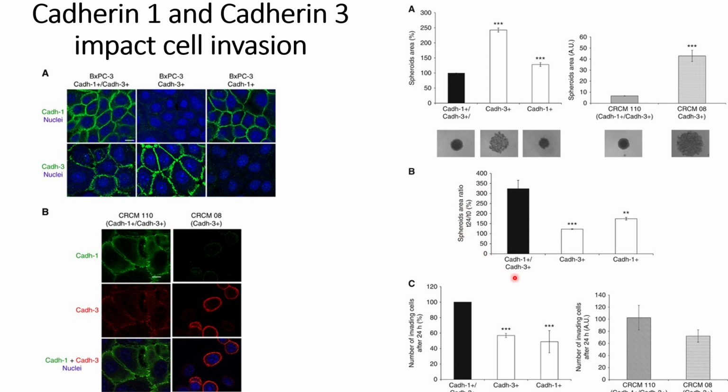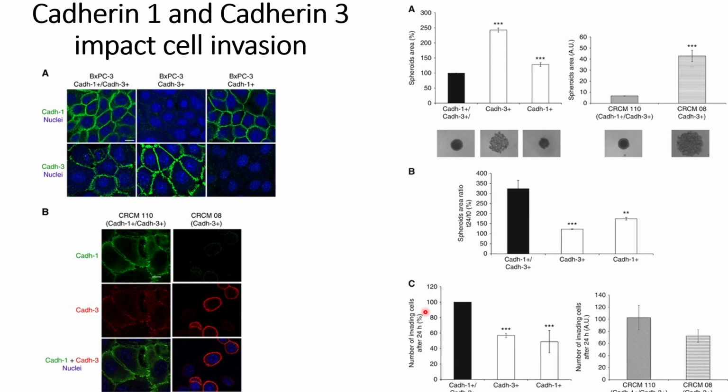At 24 hours, the BXPC3 wild type cells, which have both Cadherin-1 and Cadherin-3, show more invasion compared to the cell lines where Cadherin-1 or Cadherin-3 is knocked down. Since this experiment does not need cell-cell adhesion for proliferation, they think the lower invasion is not because of the absence of Cadherin adhesion. It might be because of some other reasons.